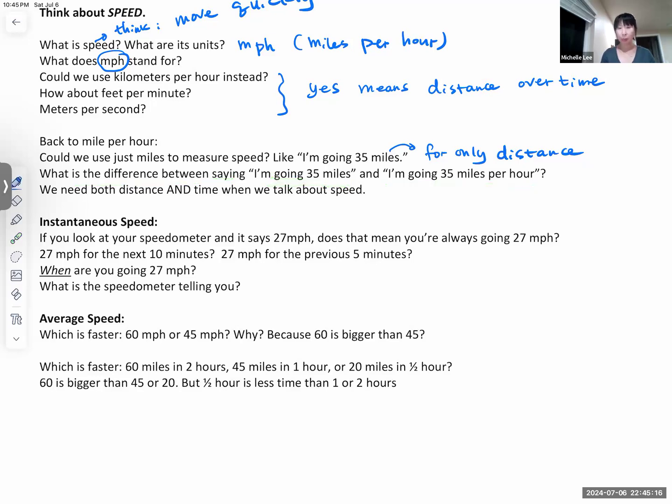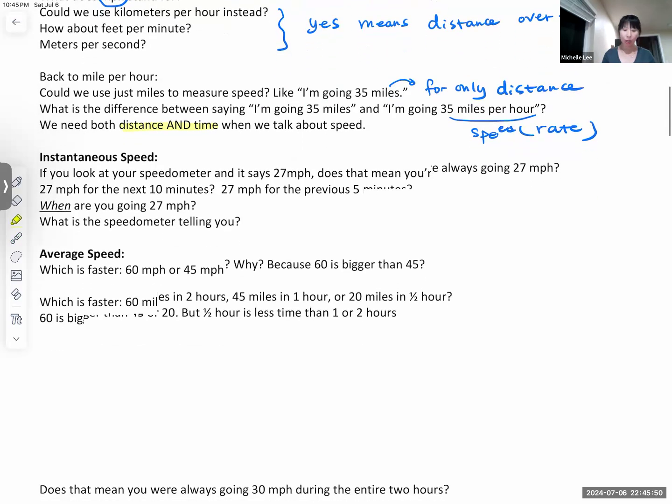This one talks about the speed, also called the rate, and "35 miles" means just distance. So we need both distance and time, and that is the speed.